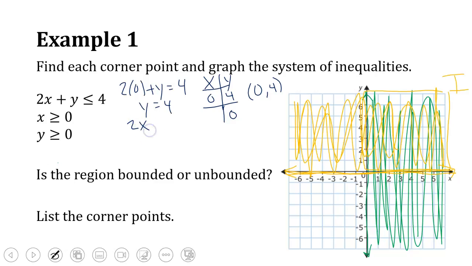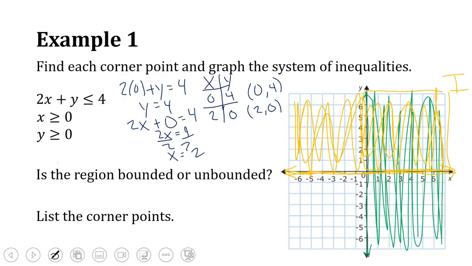Now start over, but this time I'm going to plug in a 0 for y. So I have 2x plus 0 equals 4. 2x equals 4, divide by the 2, so x equals 2. So the x is positive 2, and this is my x-intercept at 2, 0. Let's plug in our 2 points.